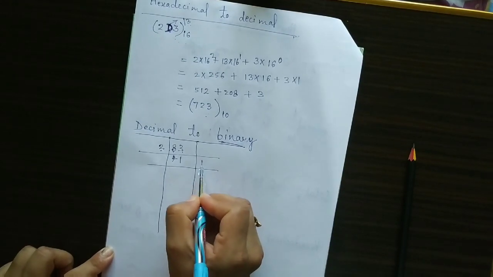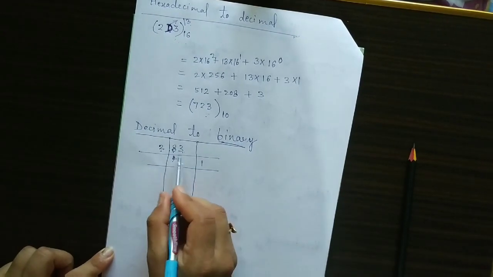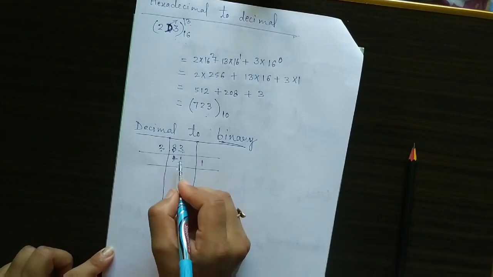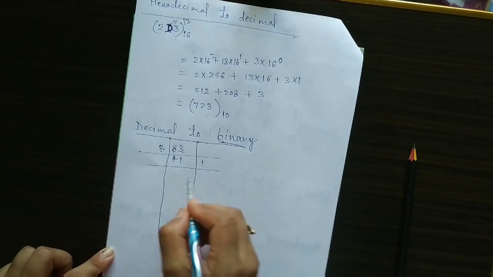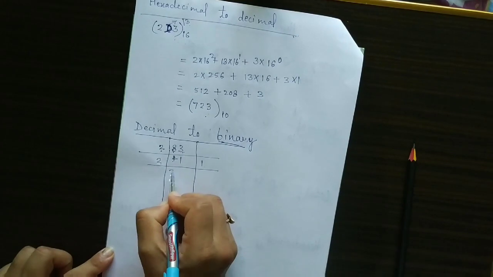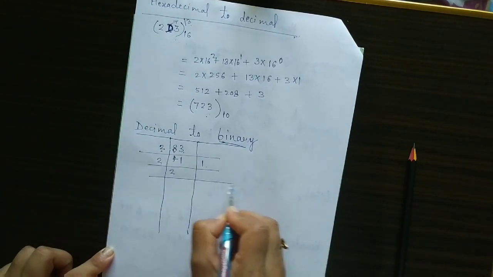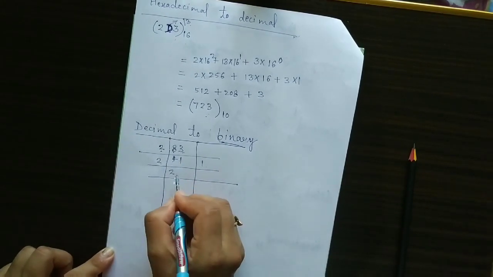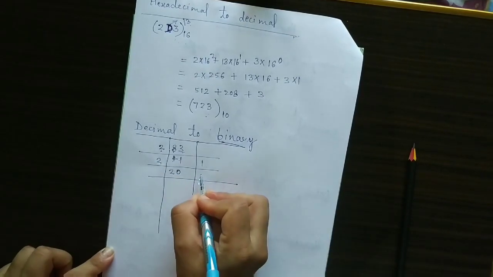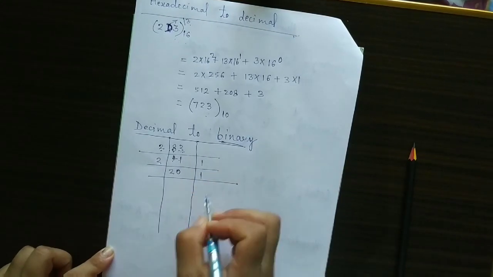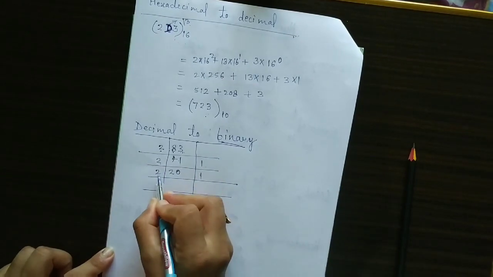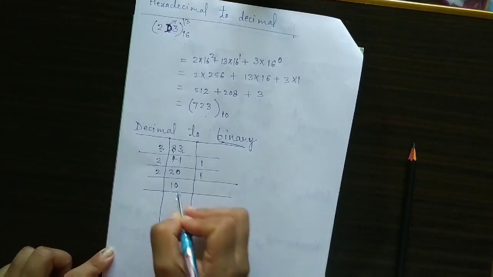Carry 1. As you cannot divide 3 by 2, then you will divide 2. 2 1s are 2. Carry 1. Again divide with 2. 2 2s are 4, and 0. Remainder 1. Again divide by 2. 2 10s are 20.